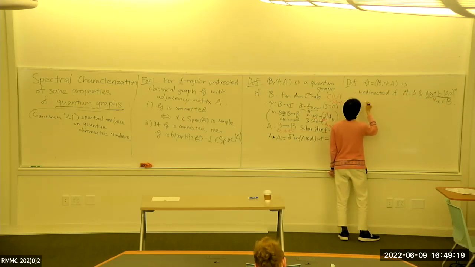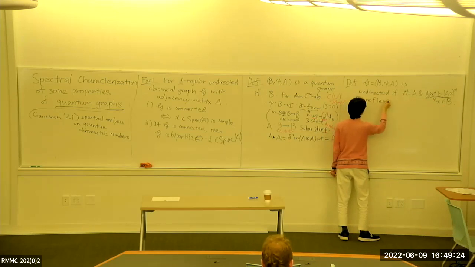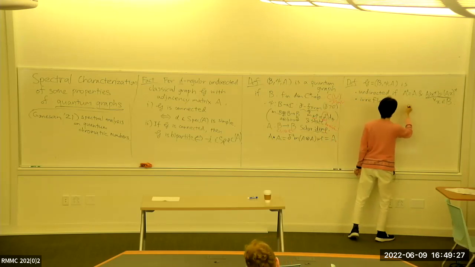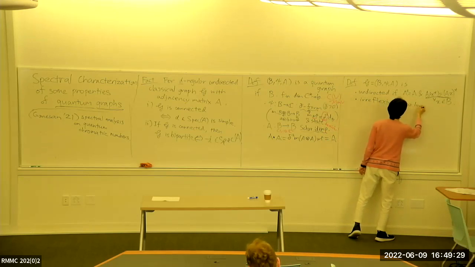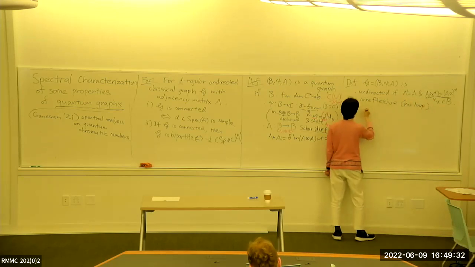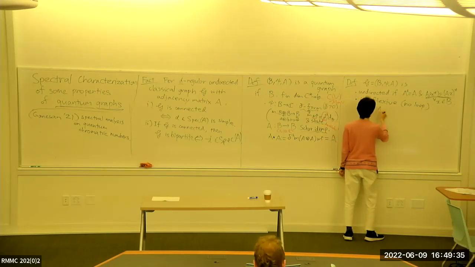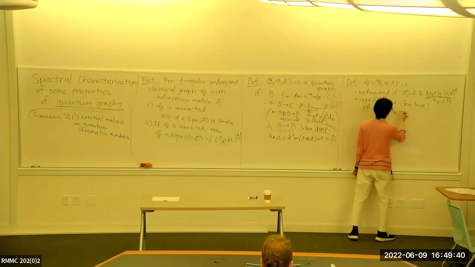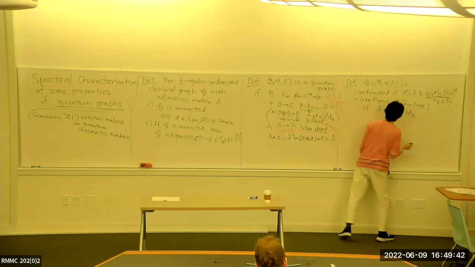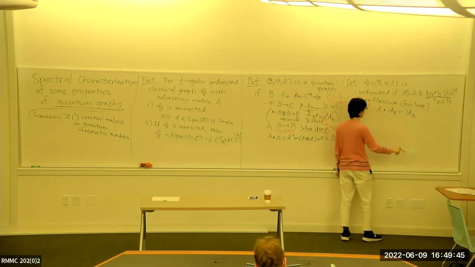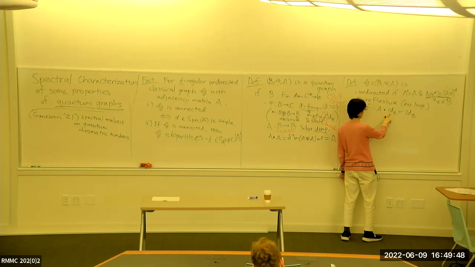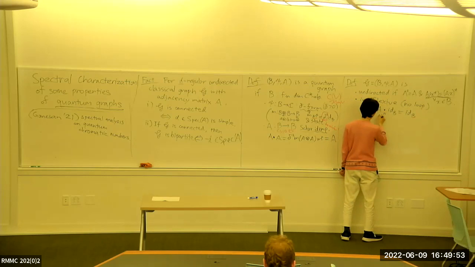And we say that it is irreflexive, or has no loops, if the Schur product of this adjacency matrix and the identity operator on B is 0. So in the classical case, the Schur product with the identity operator is nothing but the diagonal entries of the adjacency matrix.